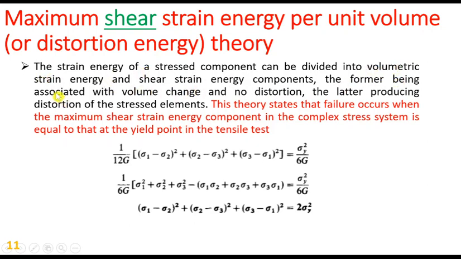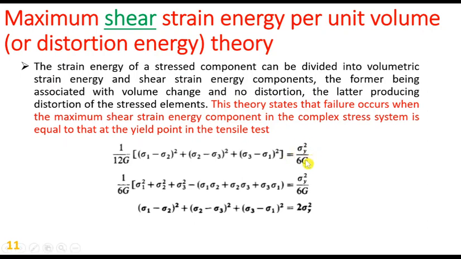So volumetric strain energy will change the volume with no distortion. The latter, the shear strain energy, produces distortion of the stress element. That's why it is called the distortion energy theory. This theory states that failure occurs when the maximum shear strain energy component in the complex stress system is equal to that at the yield point in the tensile test.